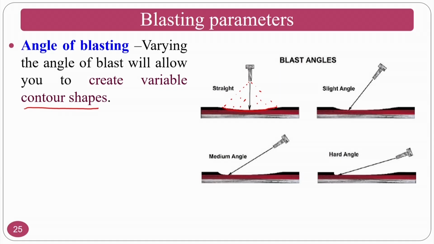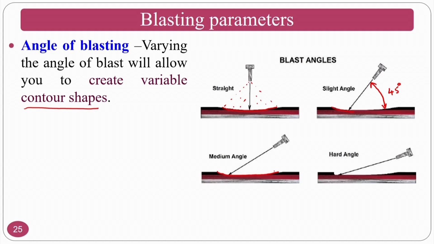If I go for a certain inclination, approximately 45 degrees or so, you will get a feature like this. The contour will be different, so there will be a change in the contour. If you go for a medium angle like this, you will get this type of contour.